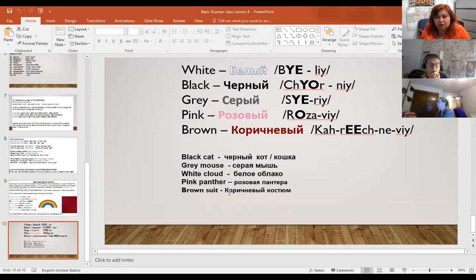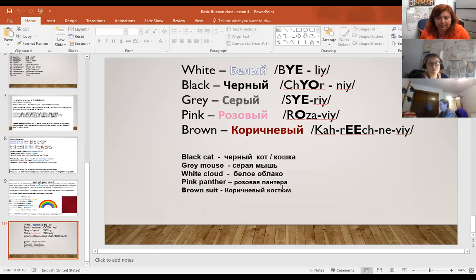Brown suit. Коричневый костюм. The word costume came from the same language, probably French. In English, there is a word costume, meaning more of a costume you put on when you perform in a circus or theater.